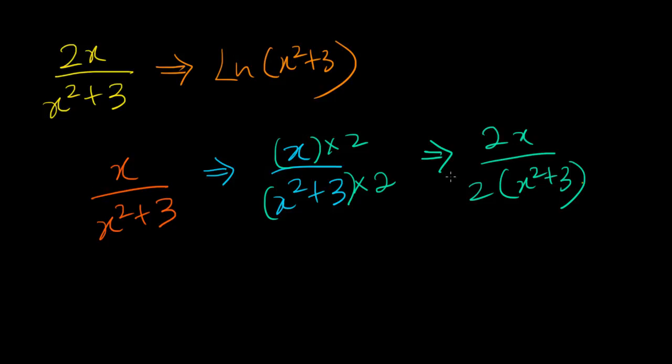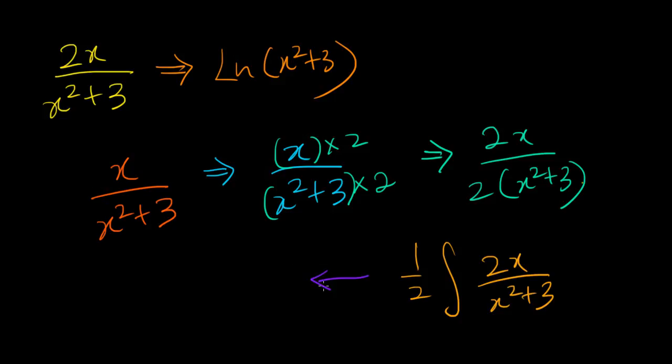It's exactly the same. Next, when you integrate, you remove this down part here. So it will be 1 over 2 times 2x over x squared plus 3. Now you get back to this form. When you get back to this form, you can easily solve, and the answer is ln of x squared plus 3. This is how you do this type of question.